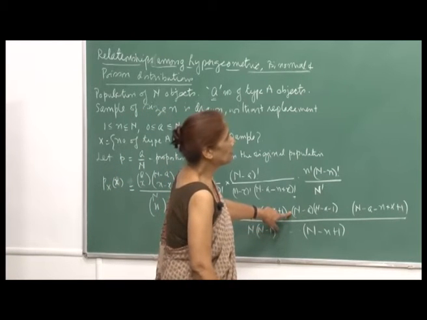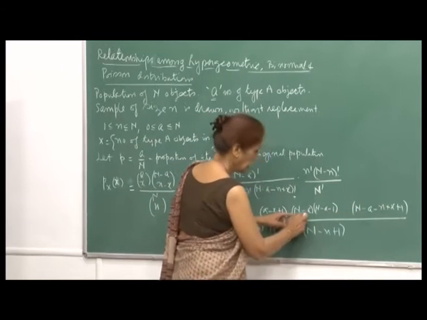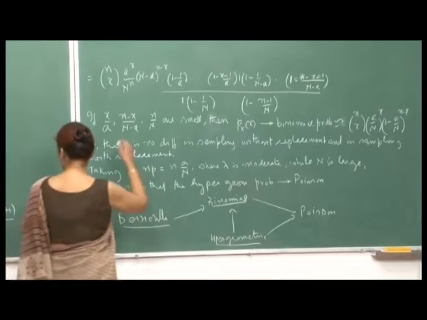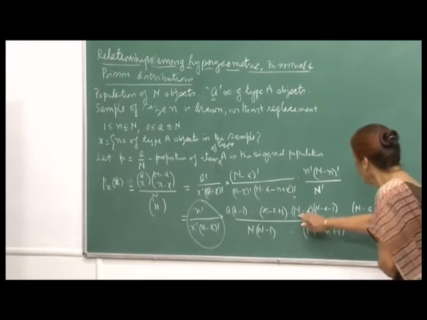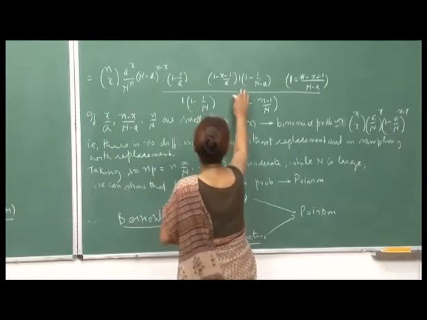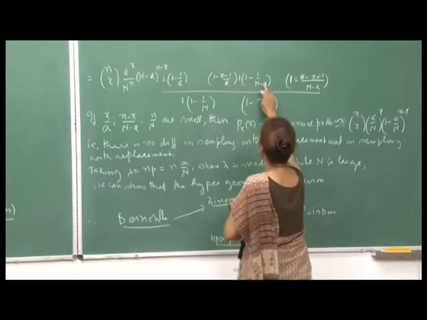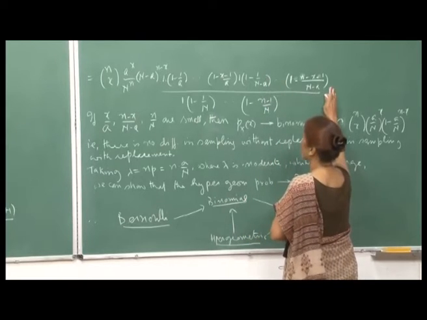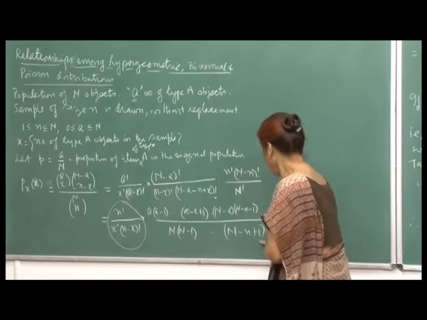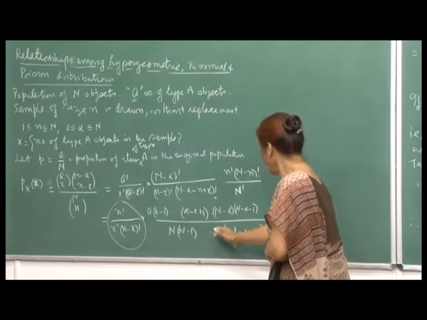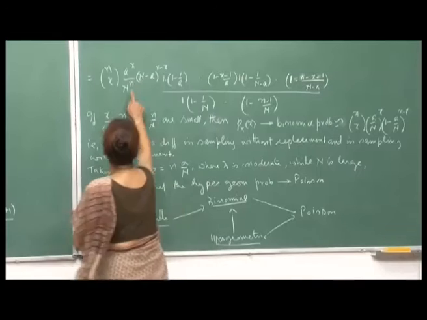Then similarly, if you remove N minus A from each of these terms, that will also be in number n minus x, because this is n minus x plus 1. So, similarly here it would be 1 minus 1 upon N minus A, and this is what you have. And then N raised to n we have taken, because here this is N minus n plus 1. So, you take out N from each of them and divide correspondingly. So, you will have capital N raised to small n.